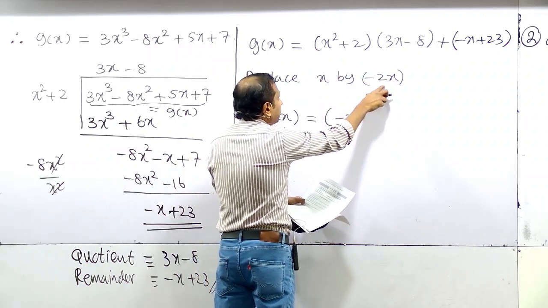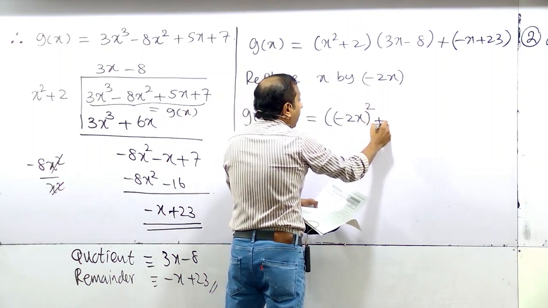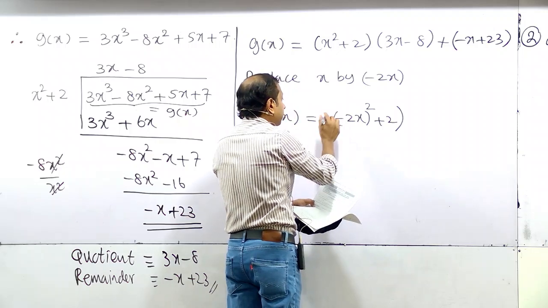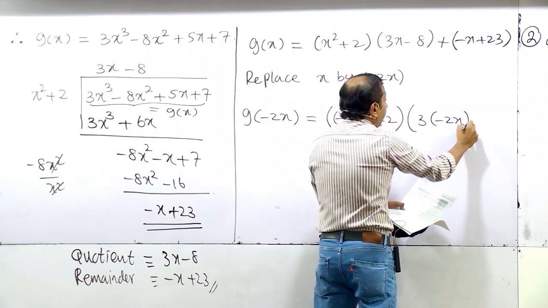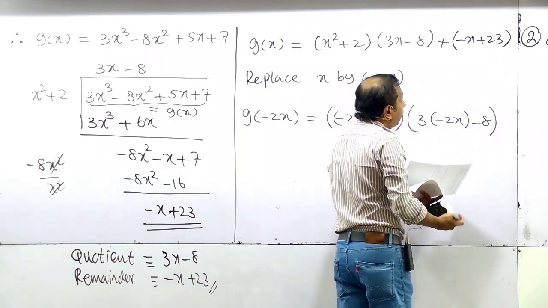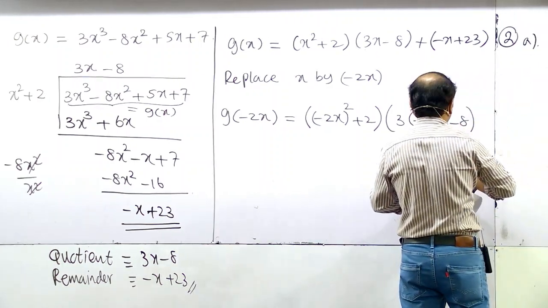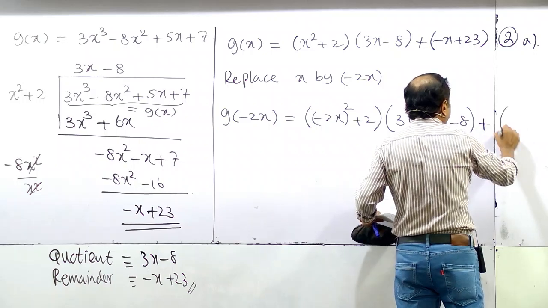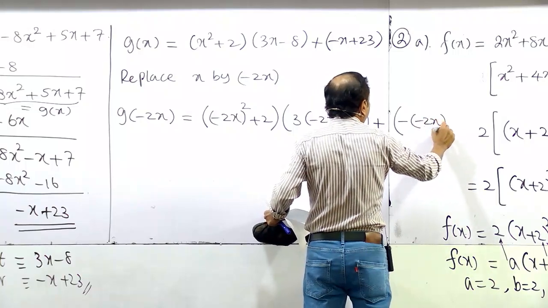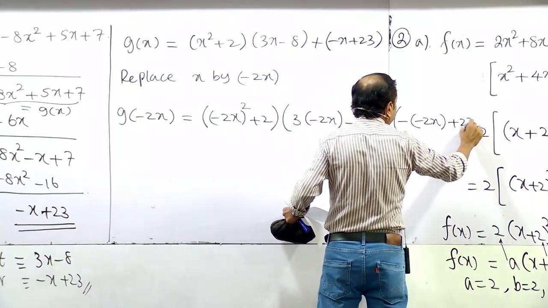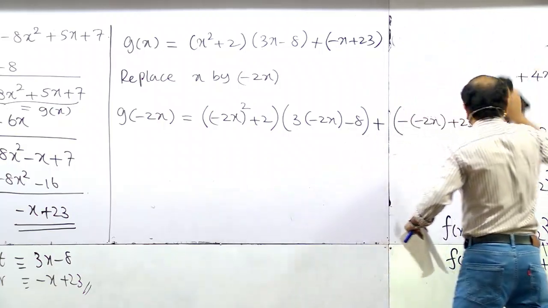Every x we replace by minus 2x: minus 2x whole squared plus 2, 3 times minus 2x minus 8, plus minus x, which is minus 2x, plus 23.